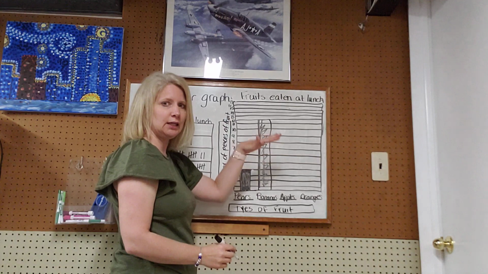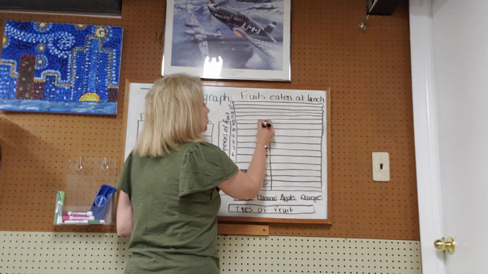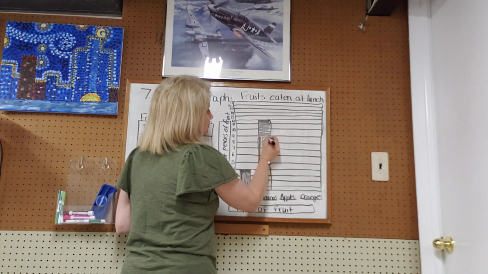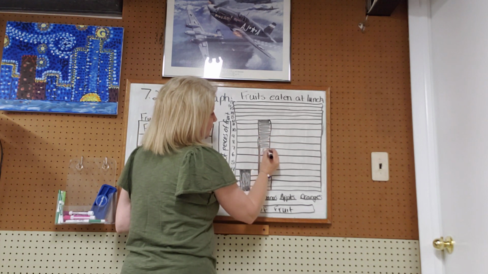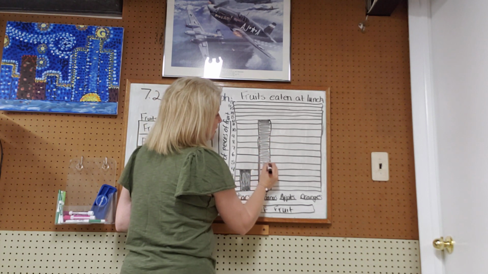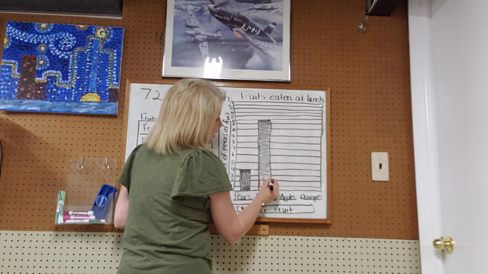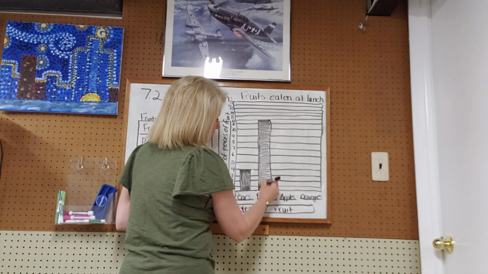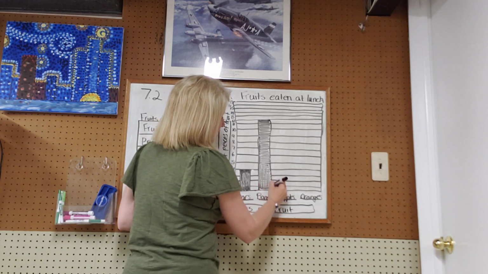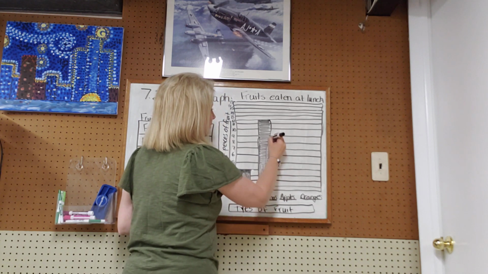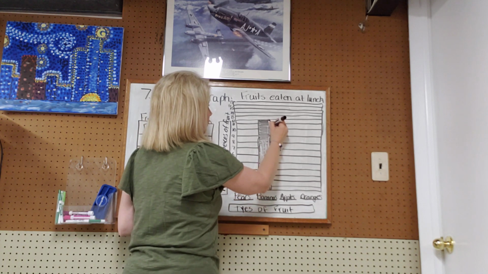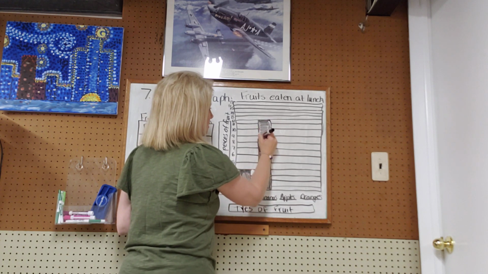I want it completely filled in from top to bottom, so I can see definitely where the number is supposed to end. My marker is kind of running out, so it doesn't look as solid. Kind of looks streaky, but I want yours to be complete, okay?